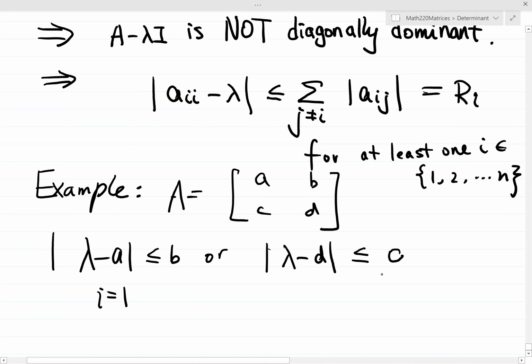So there are two circles. Lambda should satisfy one of these equations. It's possible that lambda satisfies both, but it should satisfy at least one of these relations.